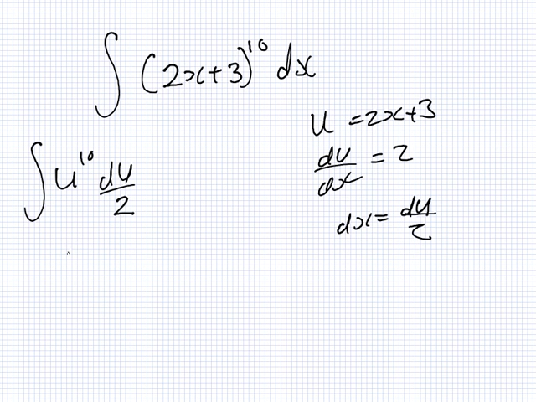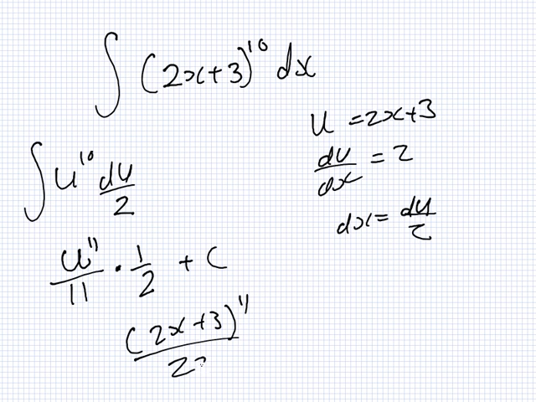And then that becomes u to the 11 over 11, times 1 over 2, plus c of course. So this is 2x plus 3 to the power 11 over 22, which is what he said.